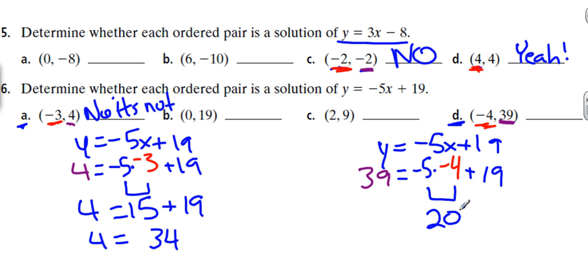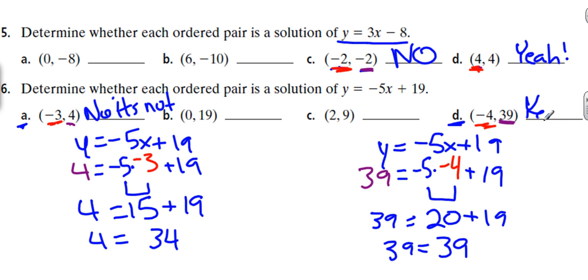Negative, negative, still gives you a positive. 20 plus 19 is 39. So does 39 equal 39? Yes. So is that point on the line? Yes. So that's that. Hopefully you get that. If not, rewind it, watch it again.